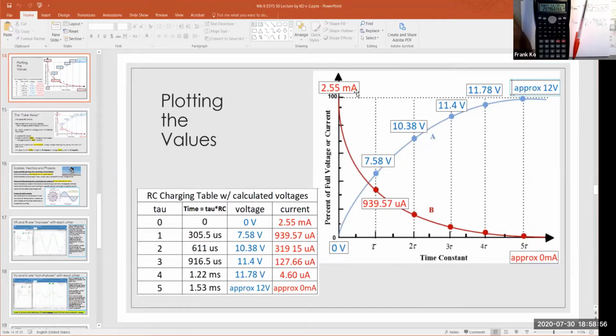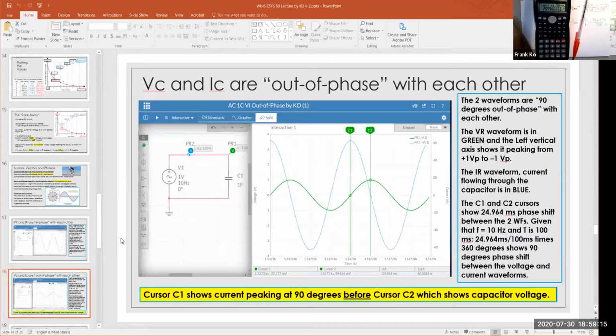So there is a phase difference between when voltage is at maximum versus when current is at maximum. We use the RC time constant chart to show curves demonstrating that they are out of phase with each other. I use Multisim Live.